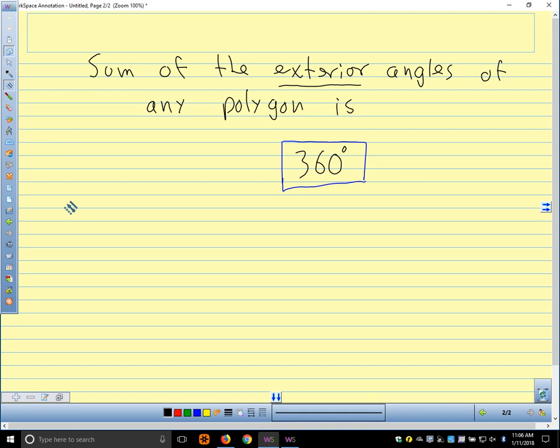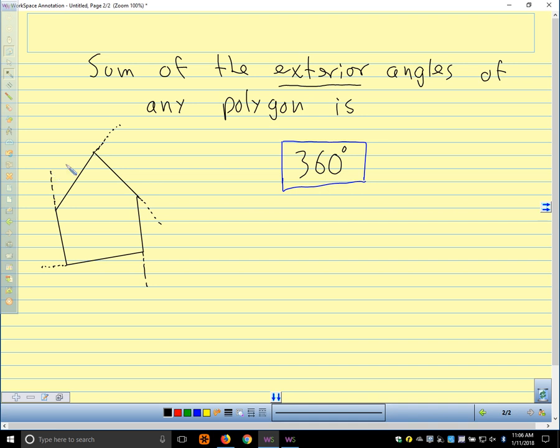And let me draw a picture here so we know what we're talking about with exterior angles. We talked about exterior angles with triangles. What we do is we extend a side at each vertex. So this is an exterior angle.